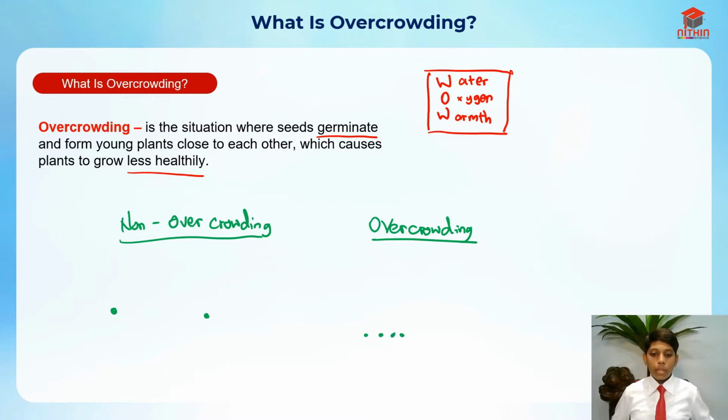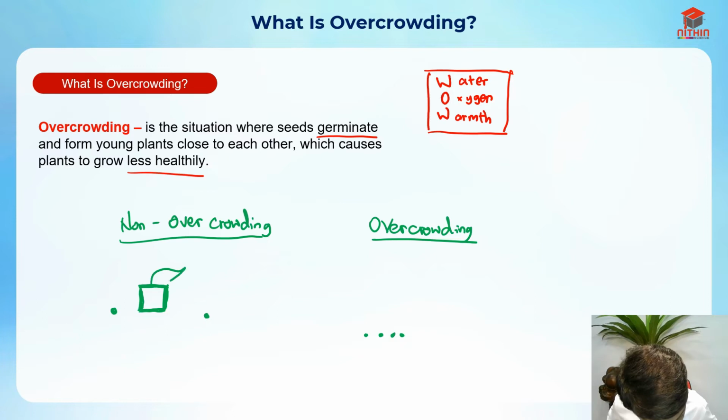Let me give you an example while drawing a plant. For the non-overcrowding plant, it will have a very thick stem, and it will also have leaves.